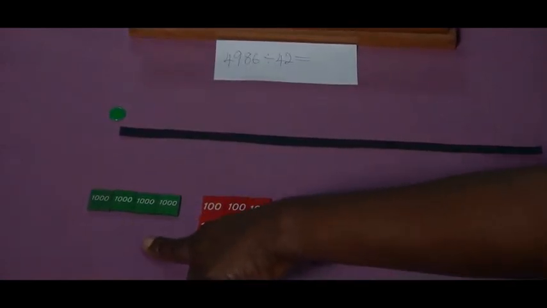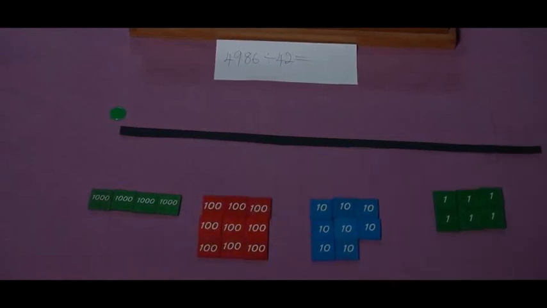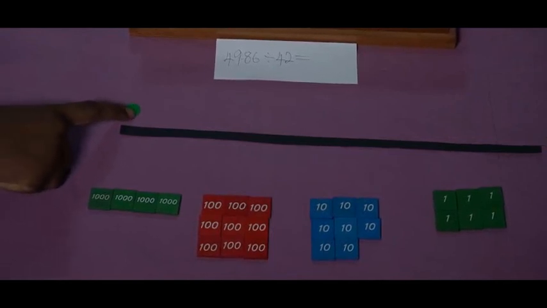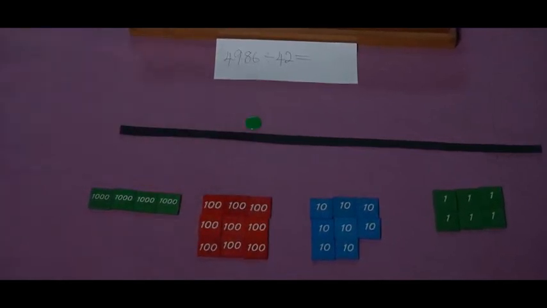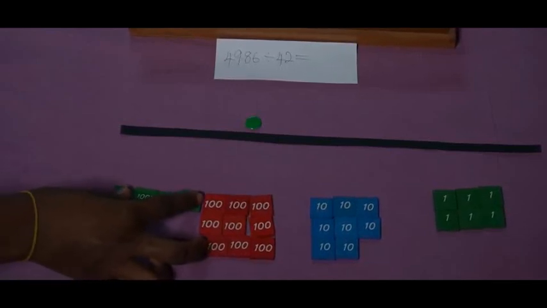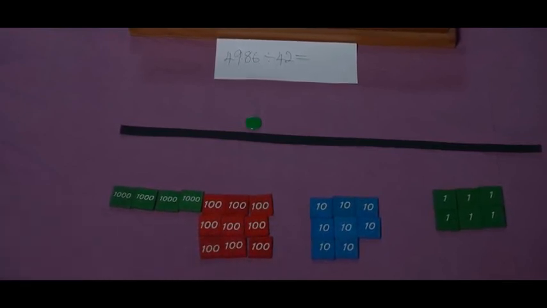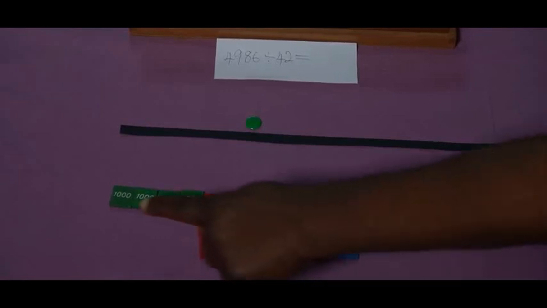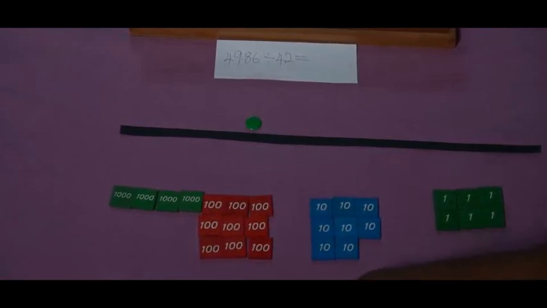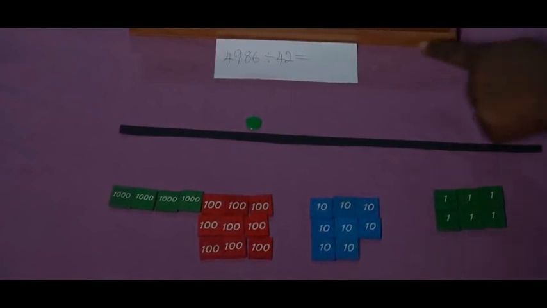How many groups of 42 can you make out of your thousands? None. So you move your memory marker to the next category, that is 100.